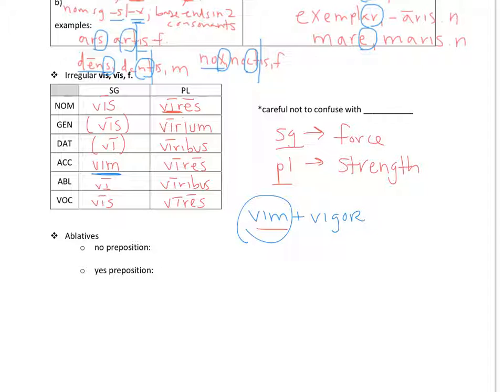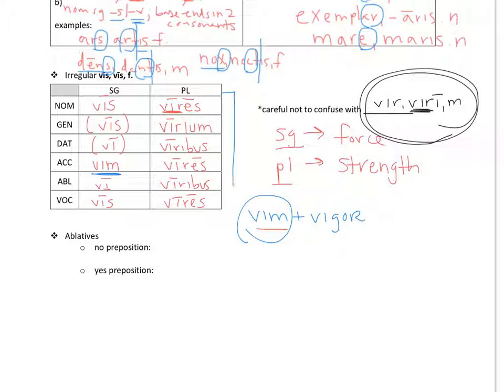But anyways, going back to the bottom of page 115, be very, very careful that you do not confuse this with the word vir, masculine from the second declension, okay? Because here you also see the vir base, but it's different from the plural because this one right here, for vis vis, you have third declension i-stem endings, whereas here with vir, you're going to see second declension masculine endings.